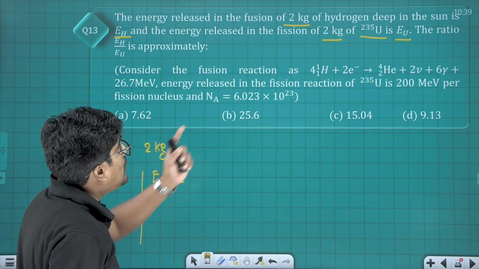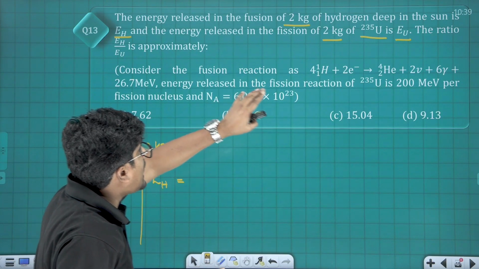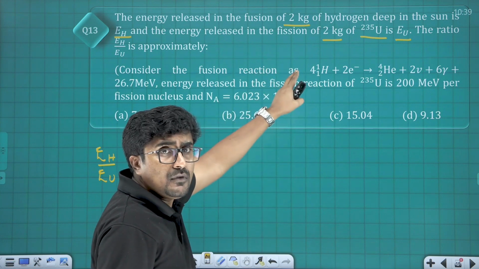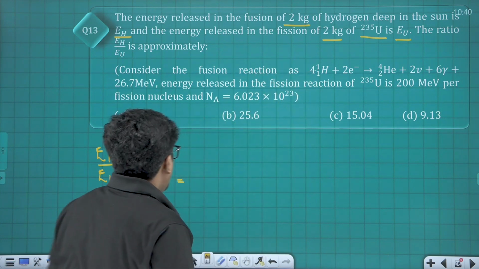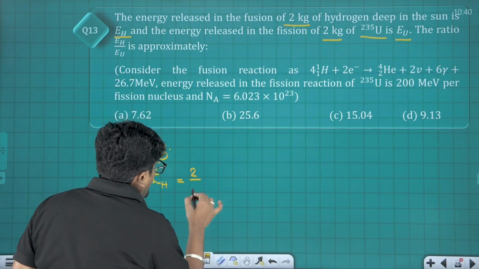Now, how many moles of hydrogen atom is used here? Mass is 2 kg and molar mass of hydrogen is 1. So number of moles here is going to be 2 upon 1.